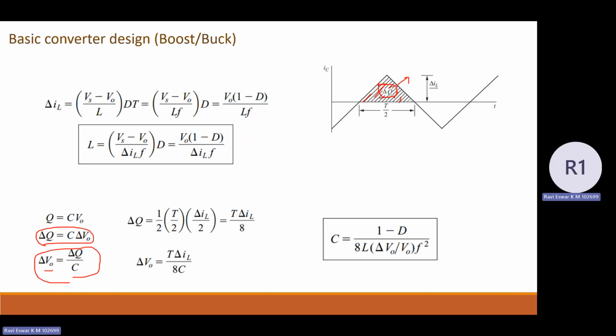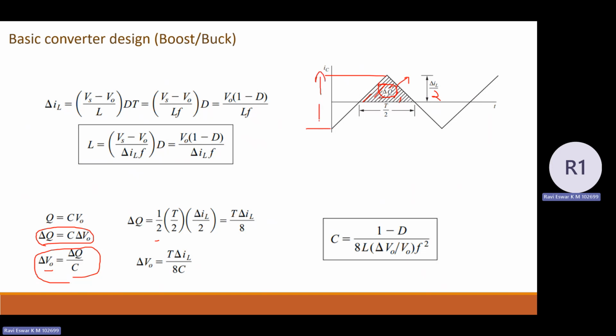So I need to calculate del Q. If you see this triangle here, you know the area under the triangle: half into length into breadth, where the length is del I by 2, because this capacitor current came from the inductor current only.